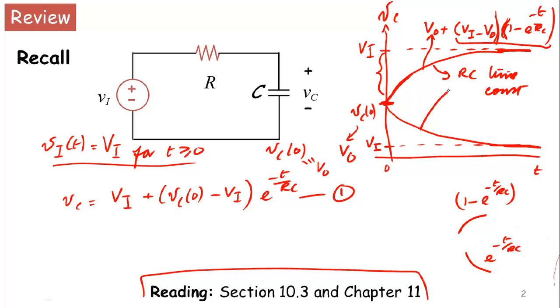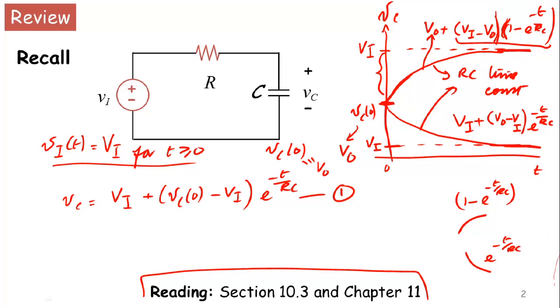The equation for the decaying form is given by a similar expression. Notice that the form is e to the minus t over RC, and notice that the value that decays is V0 minus Vi. So let me write that down. And then there's an offset of Vi, so I add the offset here.